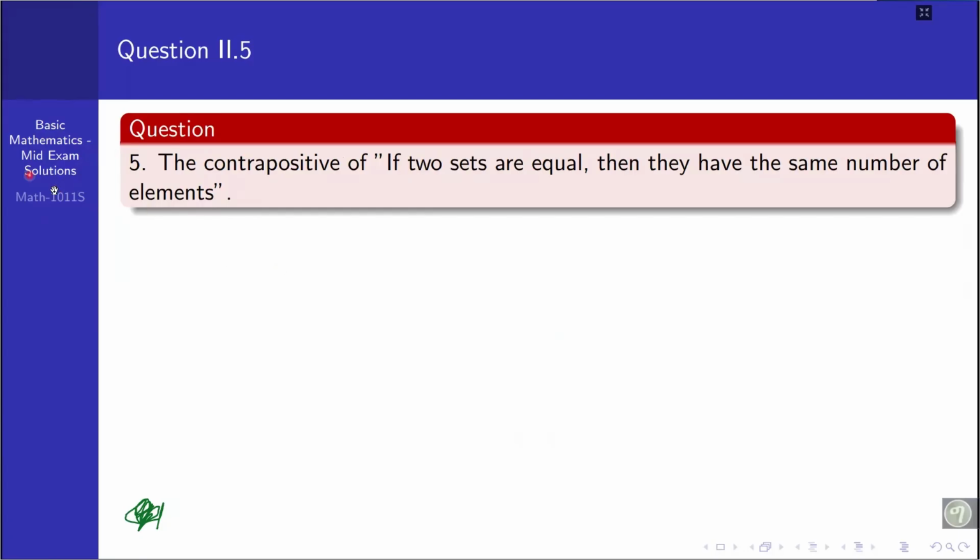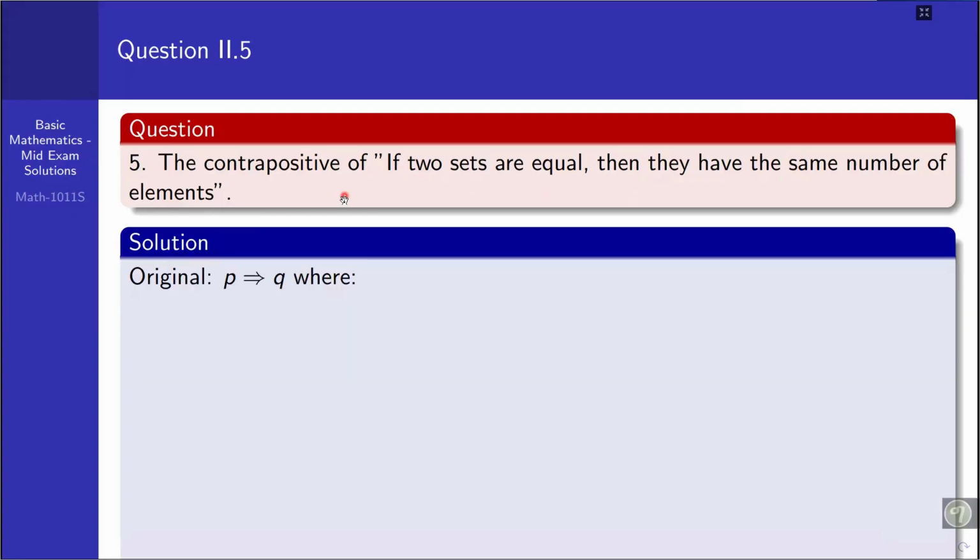question number 5. Question number 5 asks for the contrapositive of: if two sets are equal, then they have the same number of elements. What we are given here is a logical implication. If two sets are equal, then they have the same number of elements.